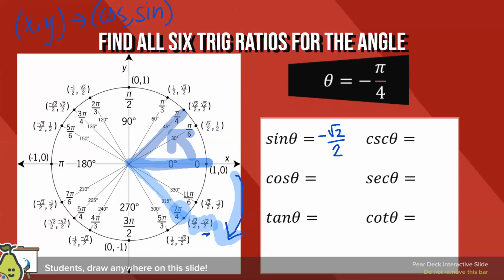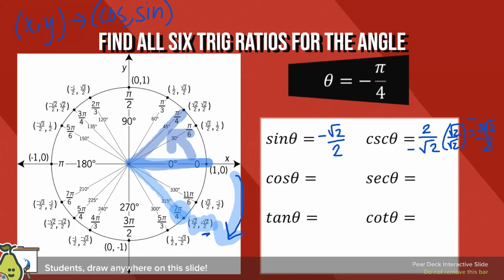Now cosecant is 1 divided by sine, negative root 2 over 2, and that gets a little messy. Or you can remember that cosecant and sine are reciprocals. So we could apply the reciprocals. 2 goes in the numerator, negative square root of 2. Don't forget to rationalize. We end up with negative 2 square root of 2 over 2. And that reduces, don't forget the negative, to negative square root of 2.